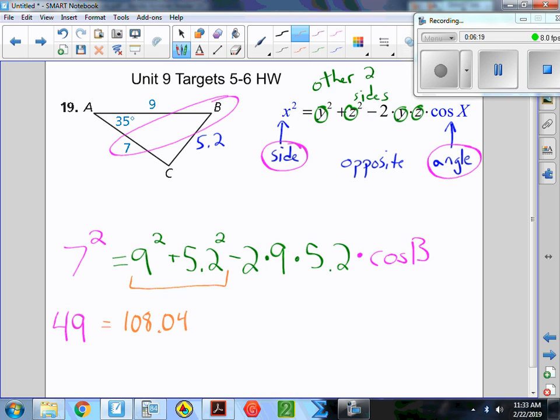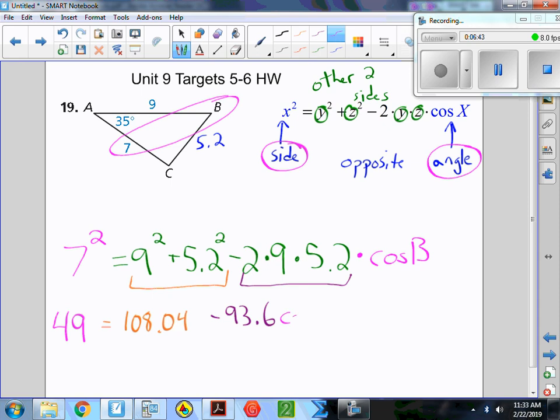I stopped at those two numbers because the rest of the numbers in green are all being multiplied together, so it makes a separate term. So negative 2 times 9 times 5.2 is negative 18 times 5.2. That's negative 93.6.